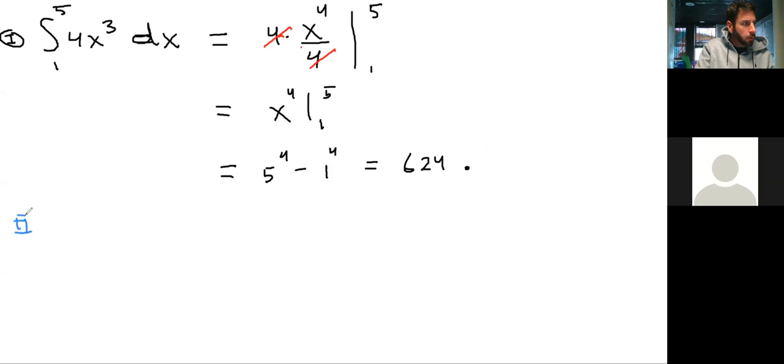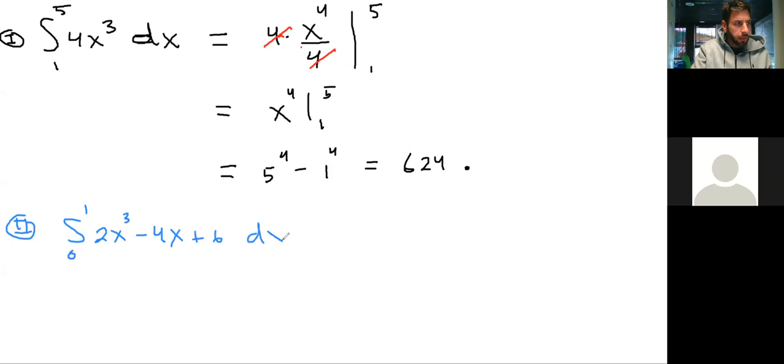Let's take another one. Let's do 0 to 1 of, let's do something a little different, 2x cubed minus 4x plus 6 dx. What we know is this integrand has three terms in it: 1, 2, 3.